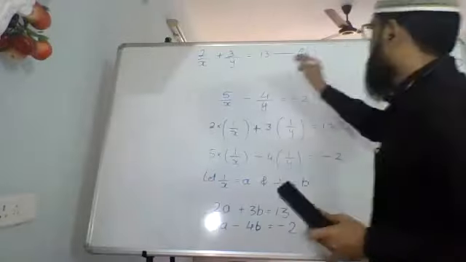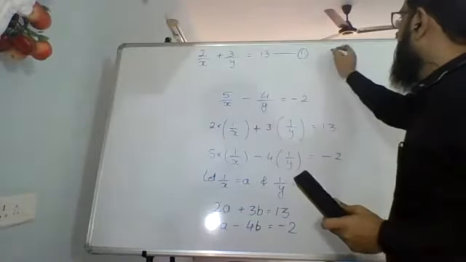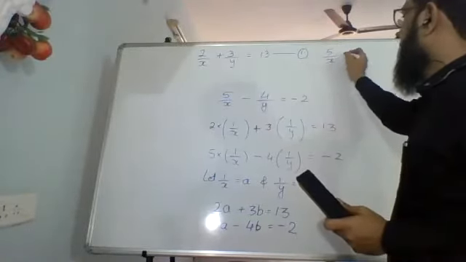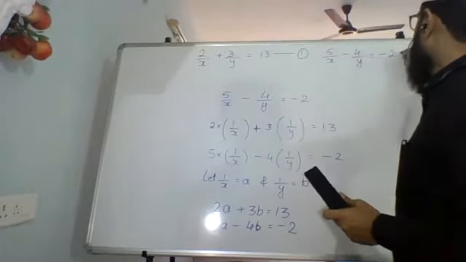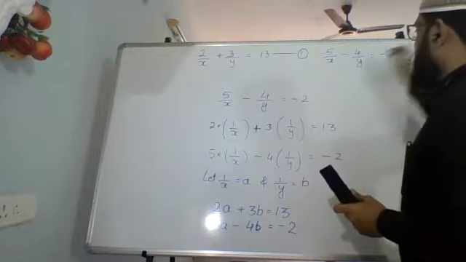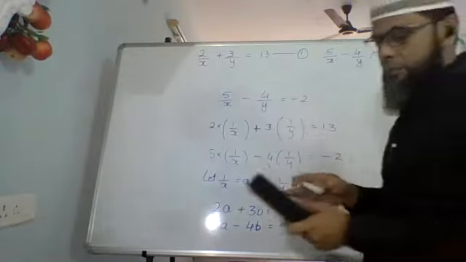Both the powers are minus 1. Same thing over here: 5 upon x minus 4 upon y equals minus 2. Again, this is not a linear equation because the power of x and y is minus 1.